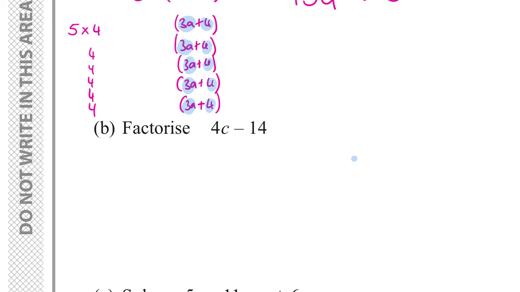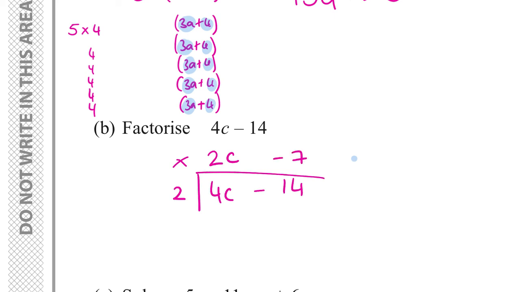So if I imagine, I've got 4C minus 14. If I took 2 out, 2 times what is 4C? 2C. 2 times what is negative 14? Negative 7. So we would now write that.